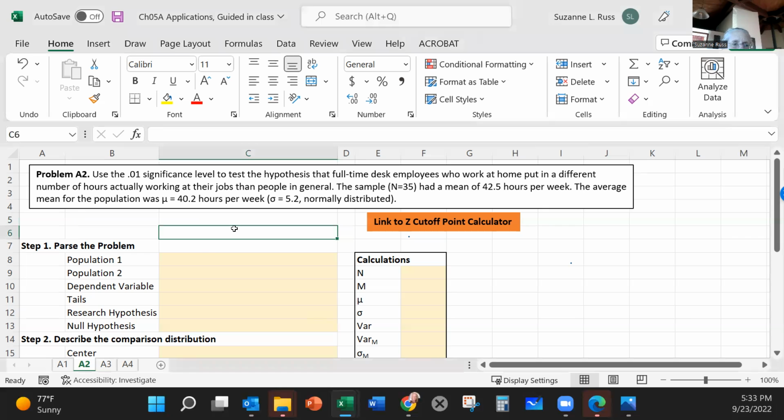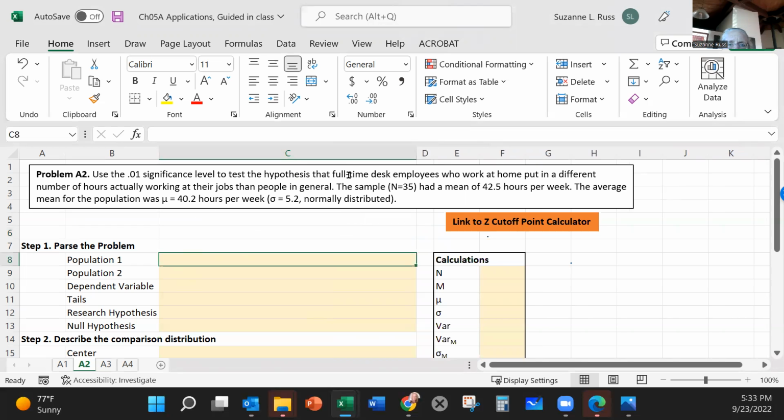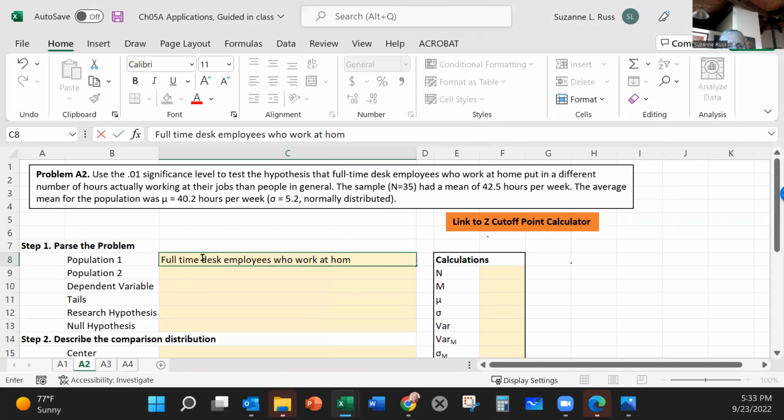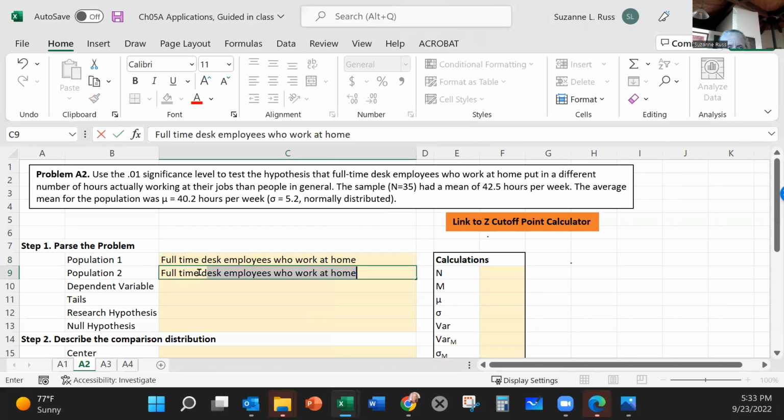So let's begin by parsing the problem. What is the population that's going to be a little bit different? And what I see is this: full-time desk employees who work at home. And we'll be comparing them to full-time desk employees in general.